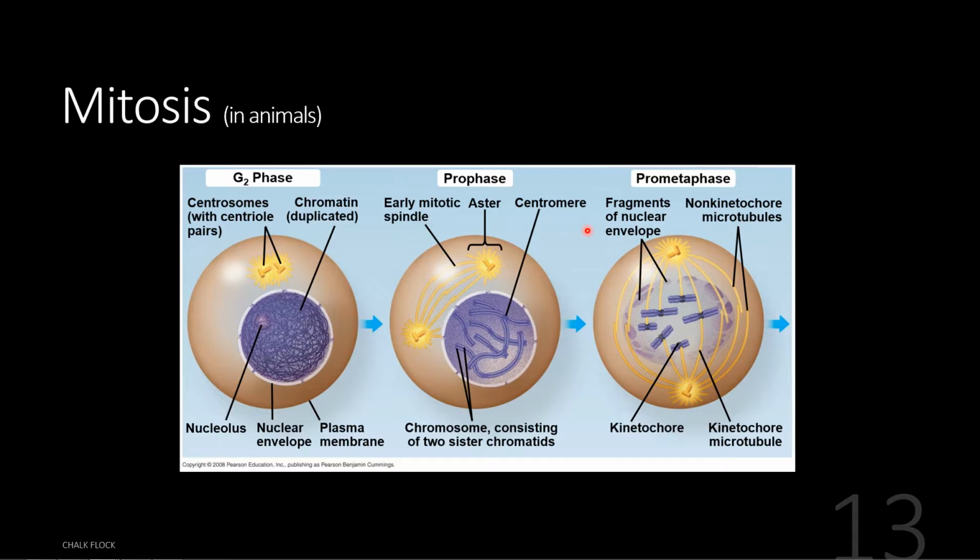The microtubules, or these wires, hook up to the chromatids or the centromere via the kinetochore. See what I mean about a lot of memorization? You just have to memorize this stuff. Kinetochores are structures which act as a bridge between the microtubules and the centromere. In fact, they're basically the same thing.